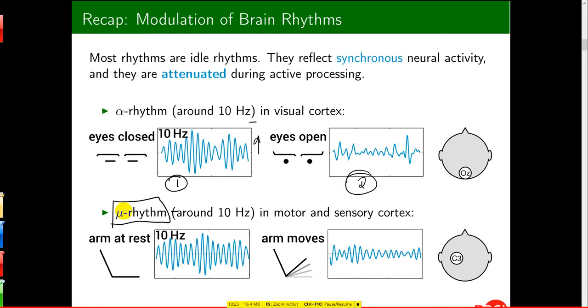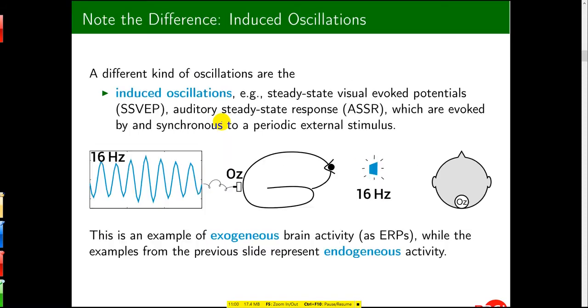Clear? So another very widely used paradigm is the one based on the sensorimotor cortex. The locations of electrodes are here, just one electrode, C3. There are different kinds of oscillations. One is called steady state visual evoked potentials. These oscillations are generated by some visual cue, and these modulations can be captured in the spectral domain, not in time.